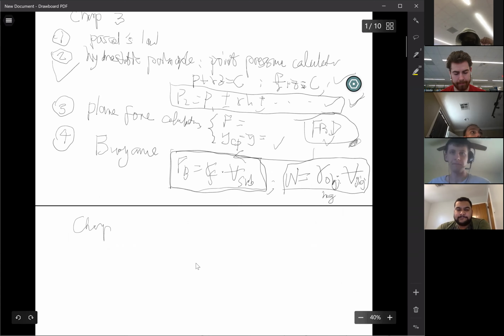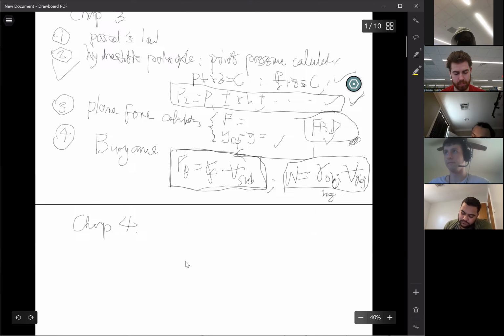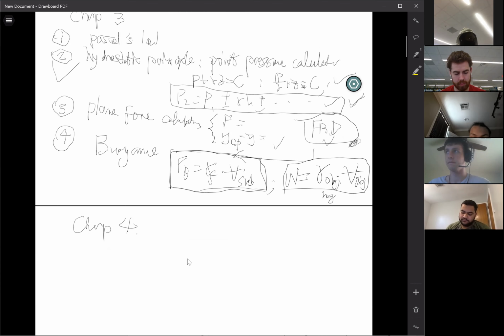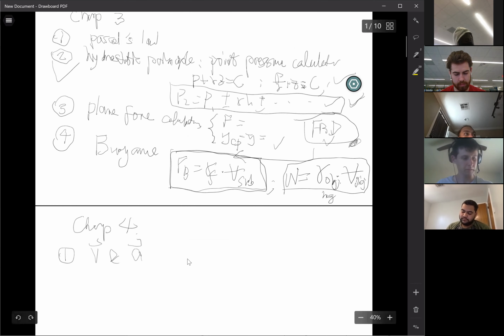Chapter 4. In chapter 4 we start hydrodynamics. Basically, chapter 4 is to describe the flow. That's the first lesson before you can calculate the force, so describe the velocity first. The first testing point is velocity and acceleration. Both are vectors. Basically, you have to understand the vector field.